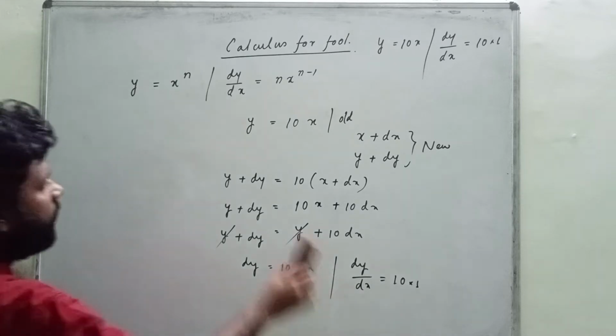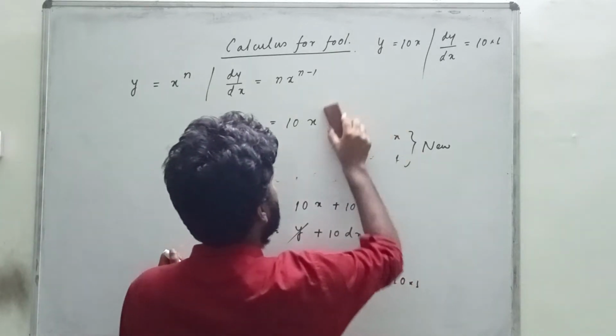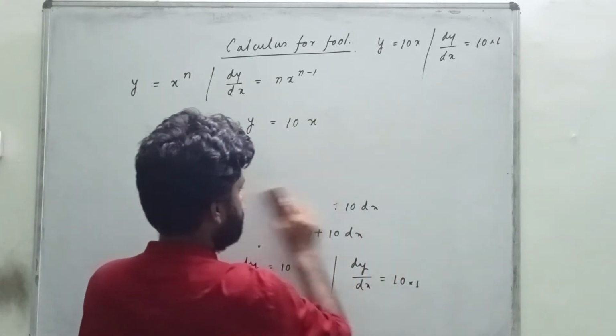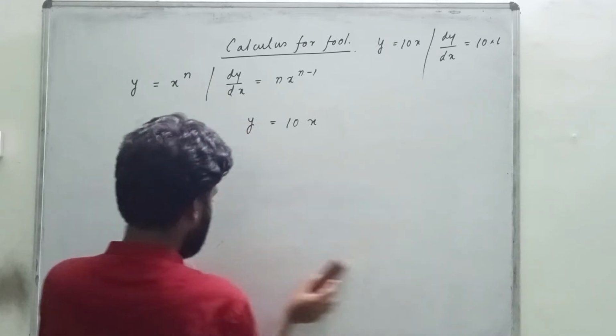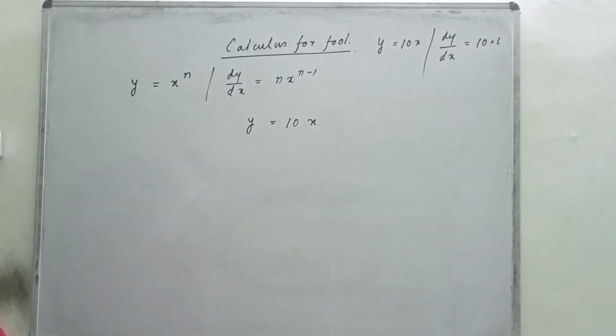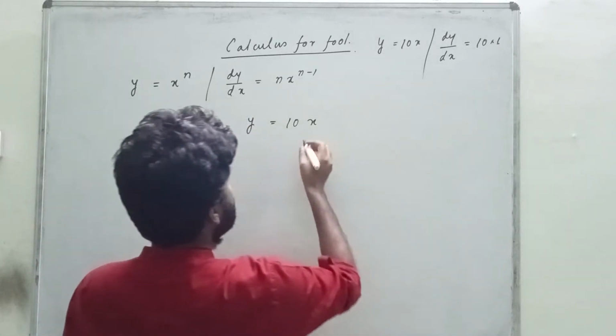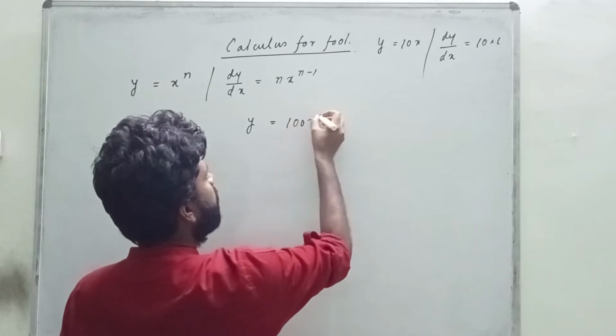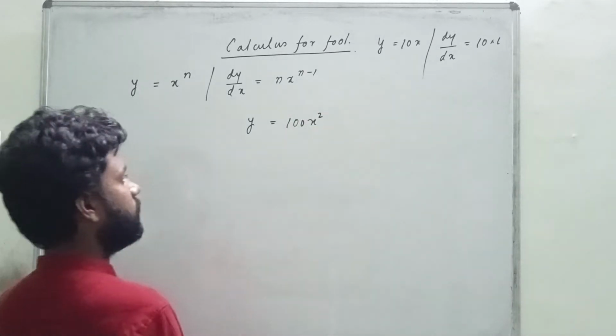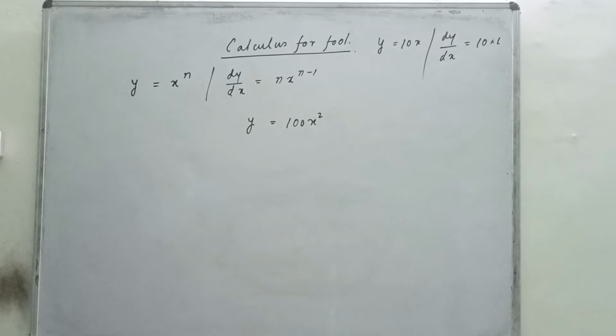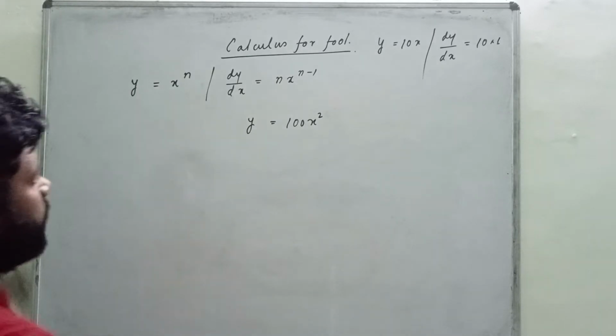Now if y equals 100x squared, what is the value of dy over dx? Right. So if y equals 100x squared, what will be the value of dy over dx?